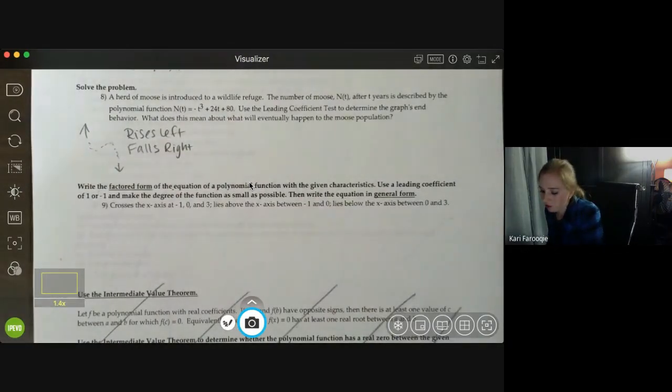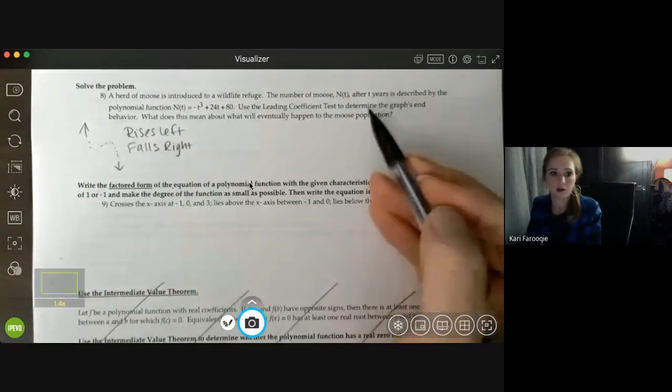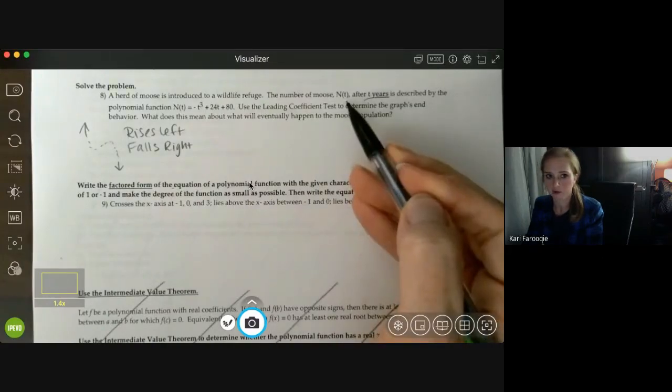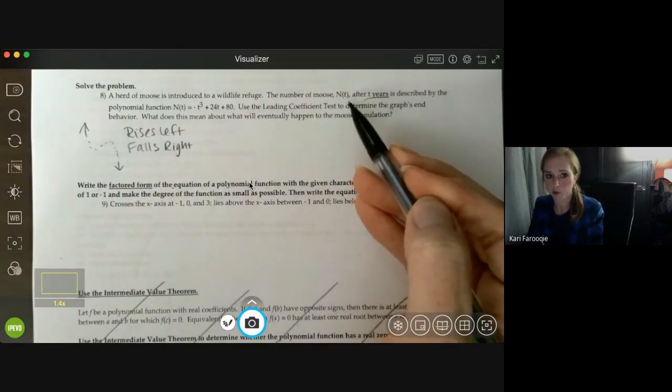What does this mean about what will eventually happen to the moose population? Well, think about the fact that t is happening in a number of years, and your function is N of t. So t is acting the way that x would normally act.